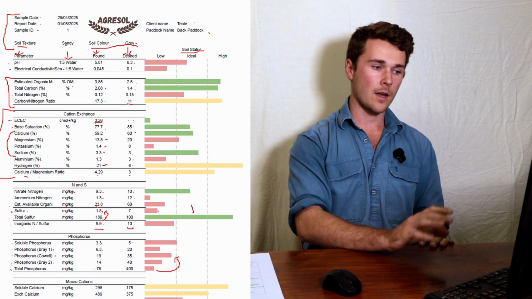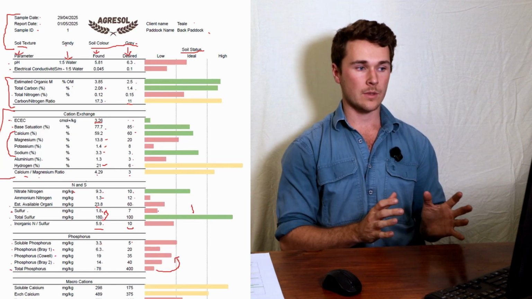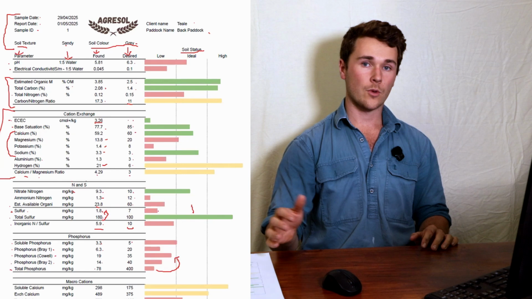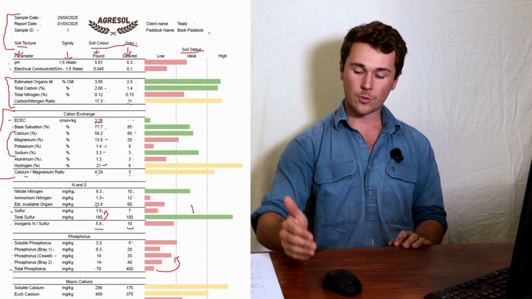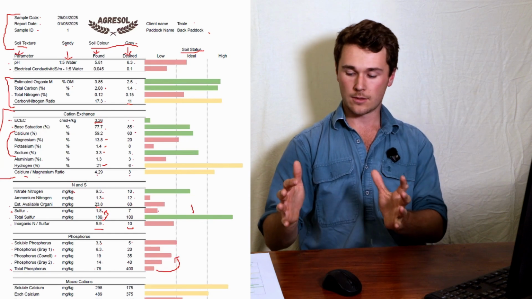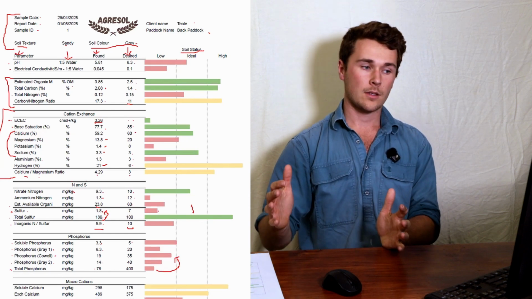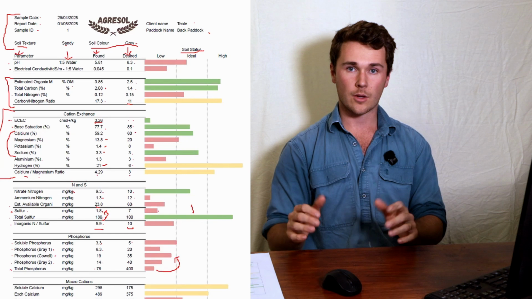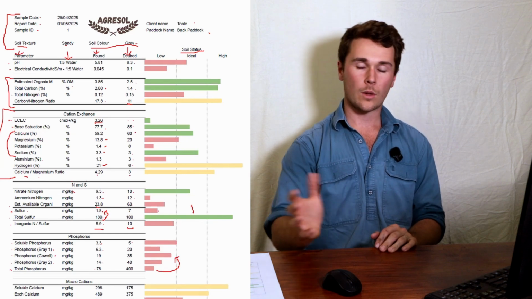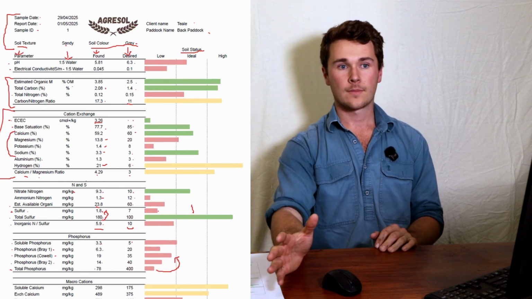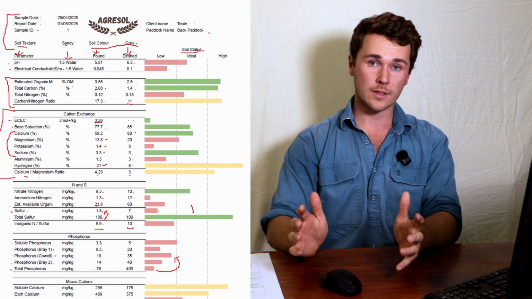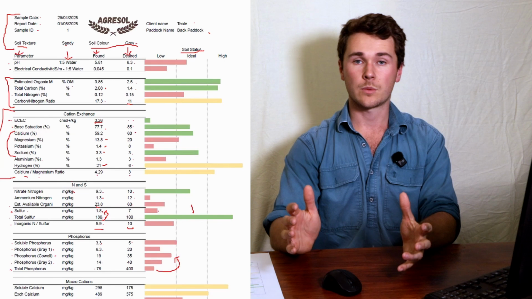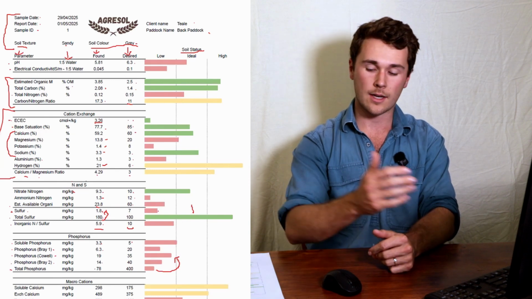Now it's also important to note that this is only looking at the top 10 centimeters of soil. A plant can go right down to a meter, even past a meter. So if you want to get a really good understanding of the nutrients you have available to the plant, you can take multiple soil tests going down to a meter. Now it's important to know that's going to get quite costly, especially if you're taking more and more soil samples per site and getting your totals done on them.